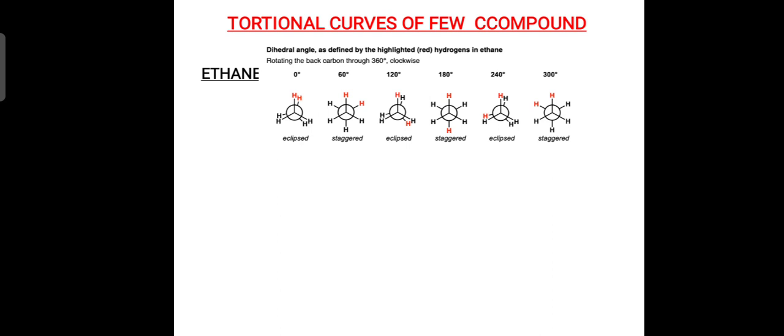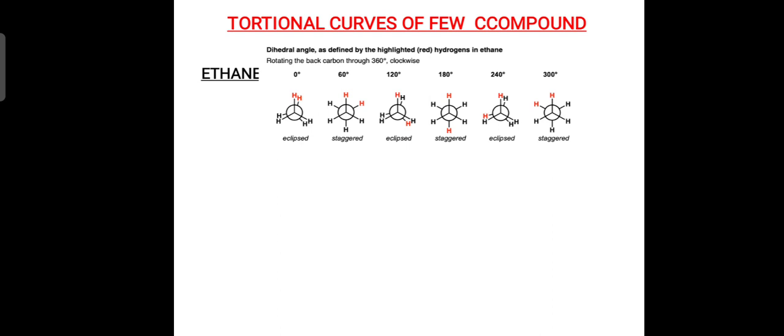And when in the ethane molecule two hydrogen atoms are fixed at a 60-degree dihedral angle, it is known as the staggered conformation or anti-conformation. Various other structures in between eclipsed and staggered conformers are called skew conformations.